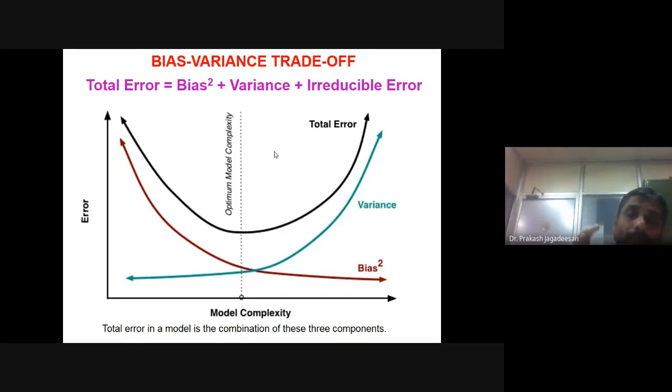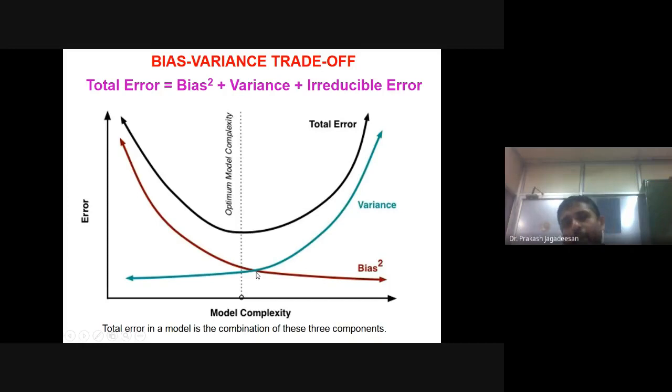But what is important here is that when we try to build a model, we have to find an optimal model structure, meaning the number of hidden layers. You should not choose arbitrarily. We have to come up with an optimal number of hidden layers such that the complexity of the model is also optimum, and as a result, your total error will be minimum.